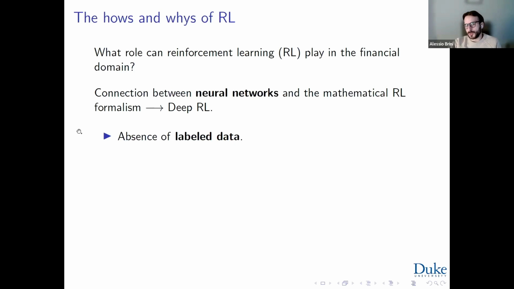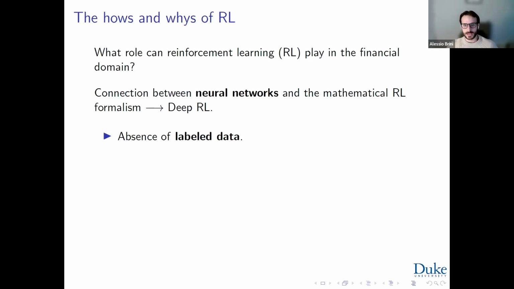Now, I want to give you a little bit of an idea of the difference between reinforcement learning and other machine learning paradigms, supervised and unsupervised. First of all, when you solve a reinforcement learning problem, you don't have labeled data.